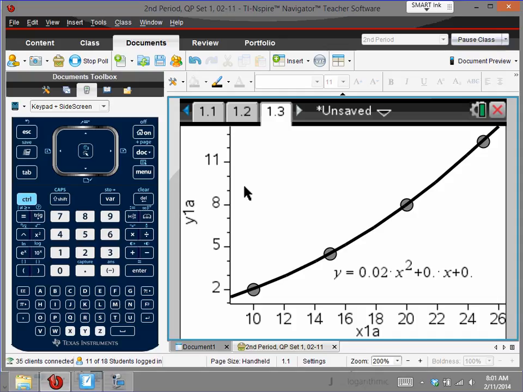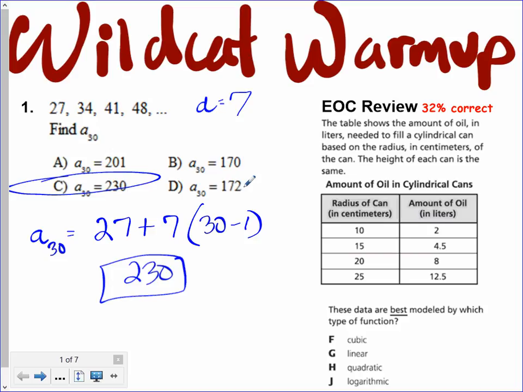And this one definitely, before we would say linear, because the linear wasn't really touching all the points. This one goes through all of them. Keyword in the question being which of these data is best modeled. These data are best modeled by which type of function? So quadratic, H.